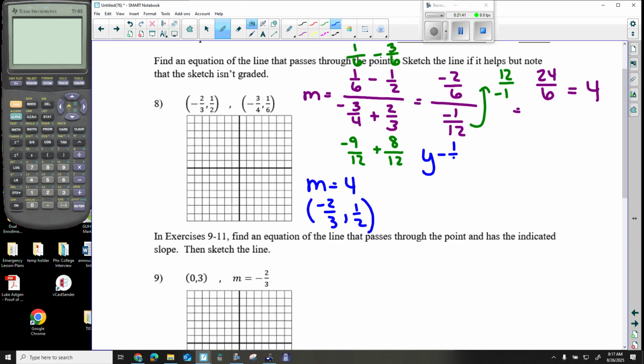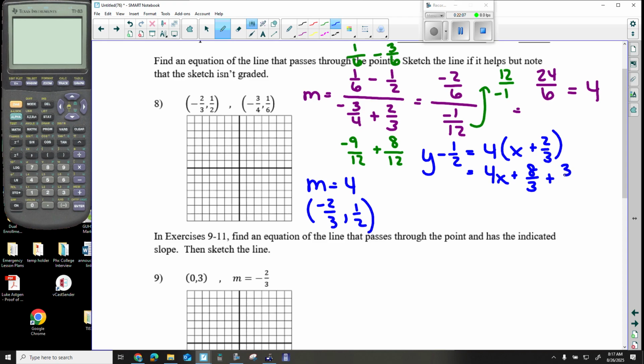So y minus y1 is equal to m times x minus x1. So this is 4x plus 8/3 plus 1/2. I could probably plan this better.